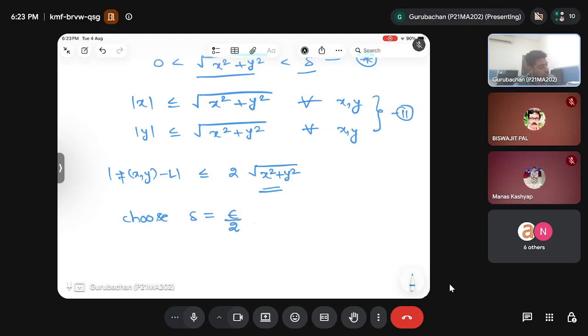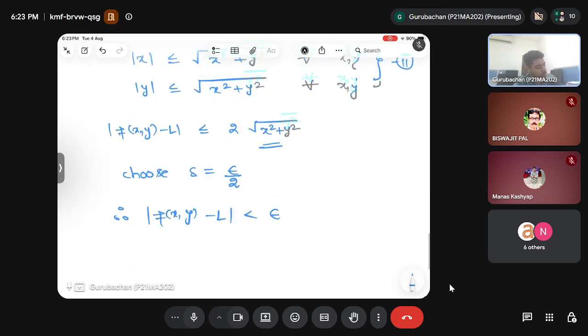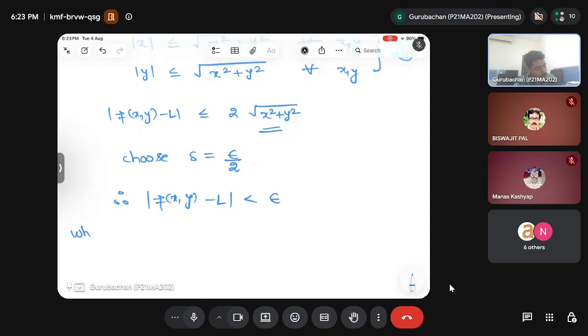Therefore, |f(x,y) minus L| will be less than epsilon whenever 0 is less than under root x square plus y square less than delta, where delta is equal to epsilon by 2.